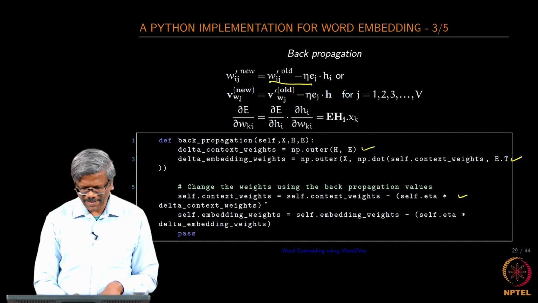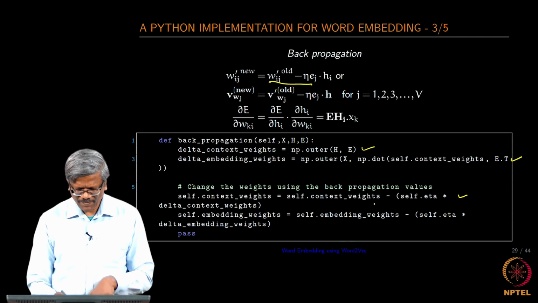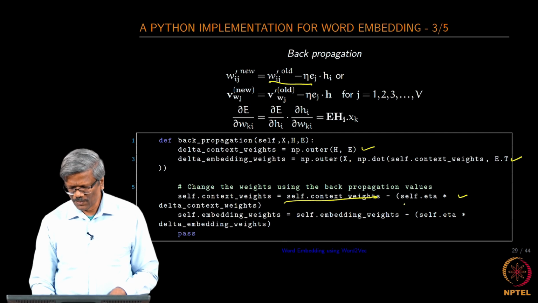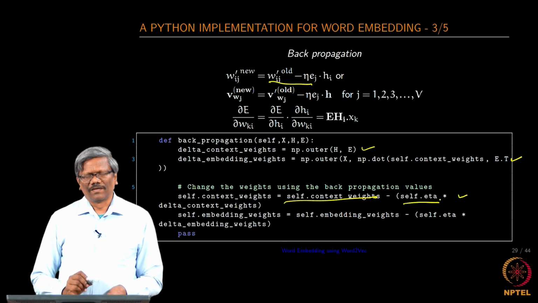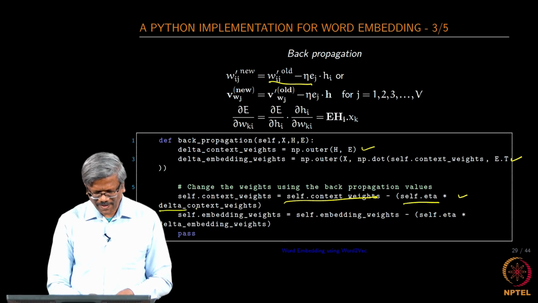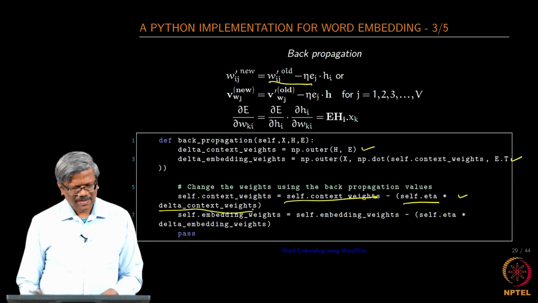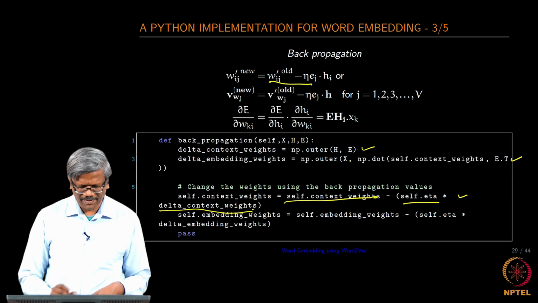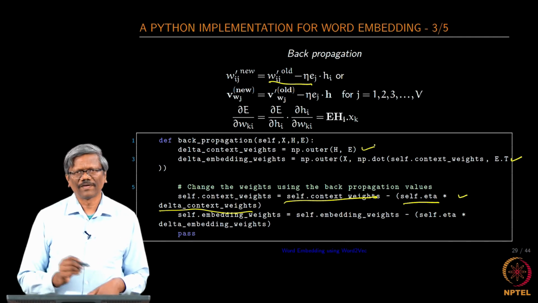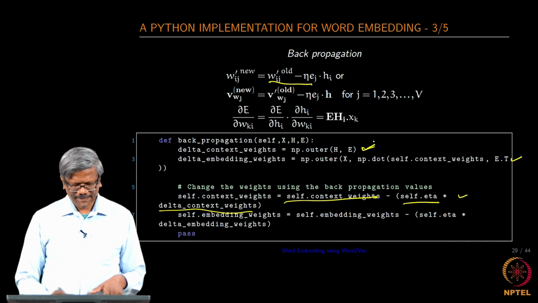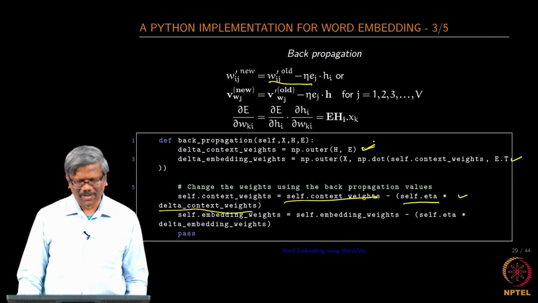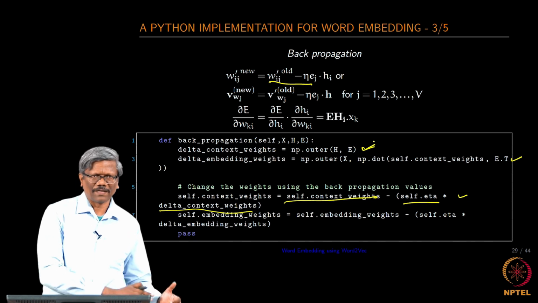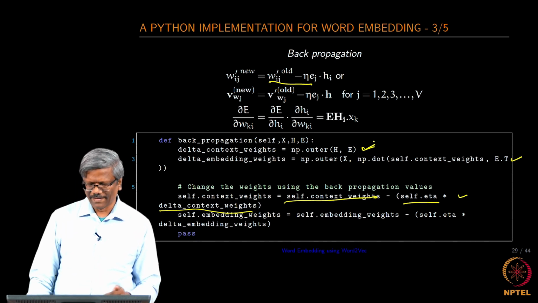So, the new weights are updated using the old context weights, and then use a learning parameter, and then use the delta context weights which we computed earlier here, and get the new context weights. So, once the context weights are obtained, we now go back to the embedding weights and then update it as well.